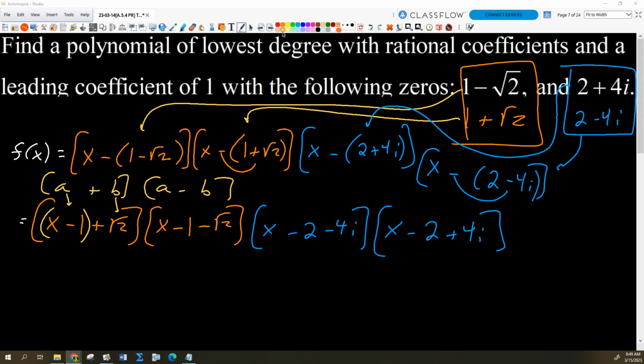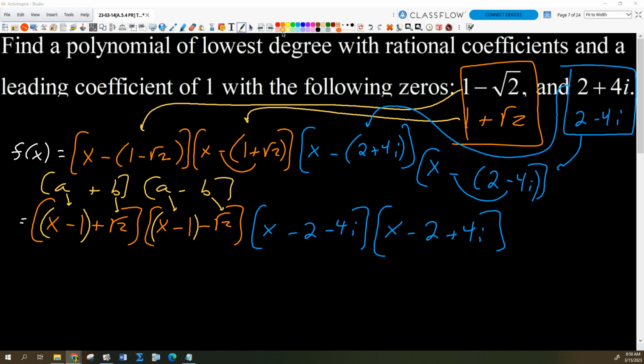That works, doesn't it? If I distribute the negative and I regroup the first two terms, look at that. I get a equals x minus 1 in both of those, and I get b equals the square root of 2 in both of those. So I've got a plus b and a minus b. Everybody see how that worked?